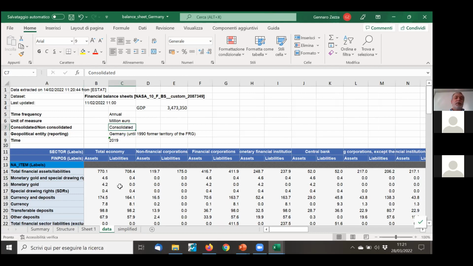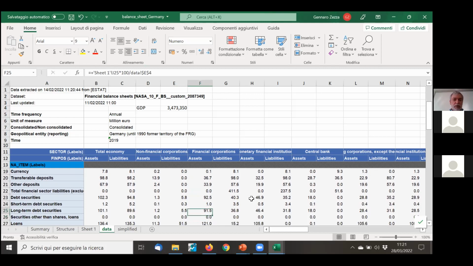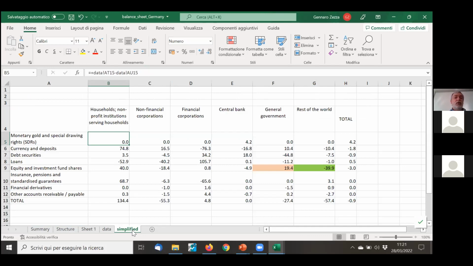So you have the assets of banks, which are liabilities of other banks, are added, they should appear in the data. So what you usually want to do for each asset, let's say for long-term debt securities, is to subtract the assets from the liabilities or vice versa to try to identify who is the creditor and who is the debtor.